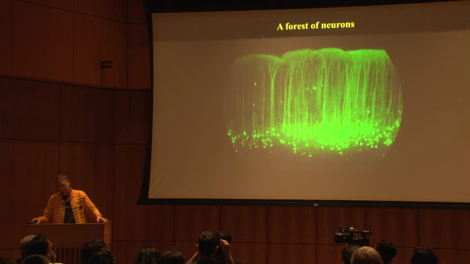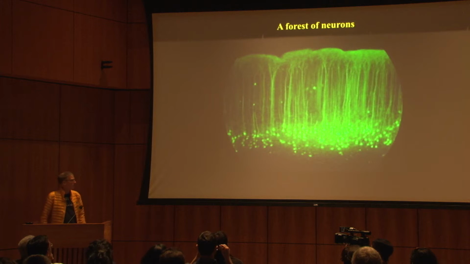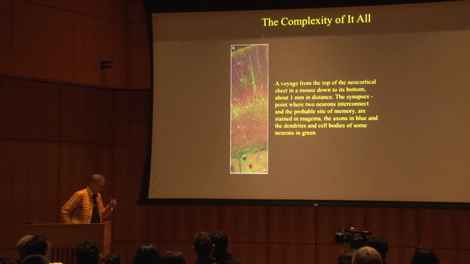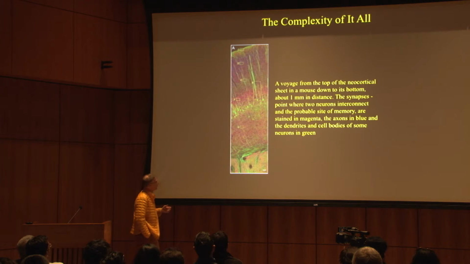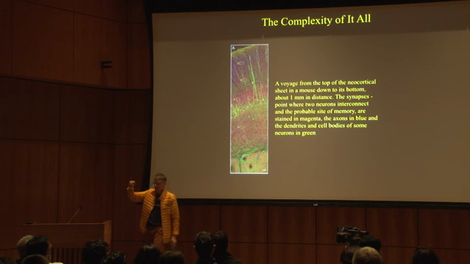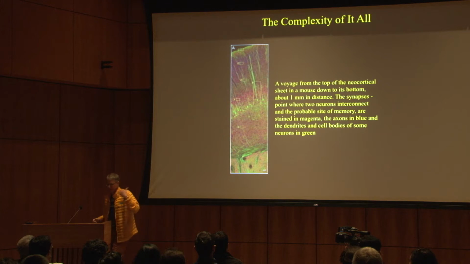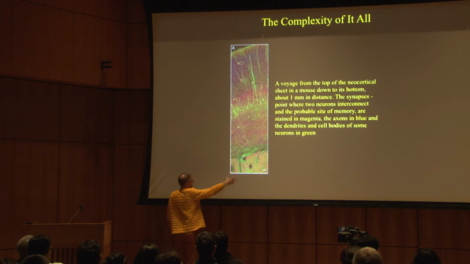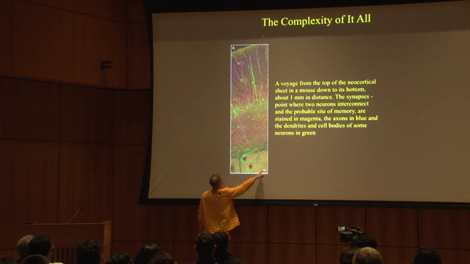Remember, this shows you a piece of mouse cortex with some of the neurons stained, the cell bodies and the axons. What he did, he has a particular technology called array tomography, where he takes this little sliver of mouse cortex, which is from top to bottom, maybe a millimeter across, maybe a millimeter and a half. And this probably is, I think, 100 micrometers.